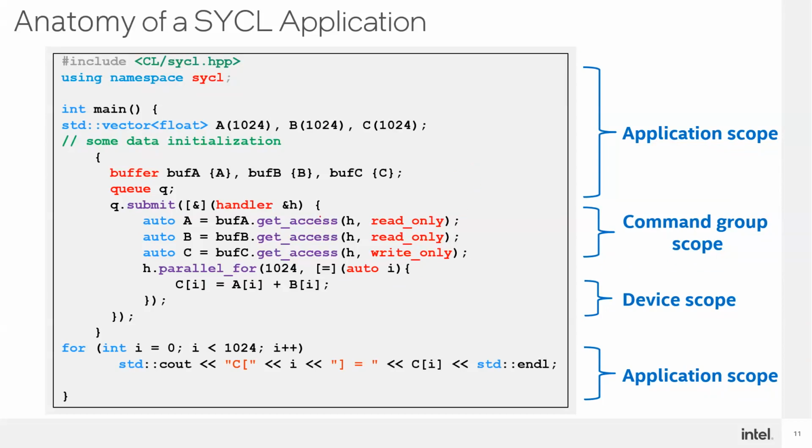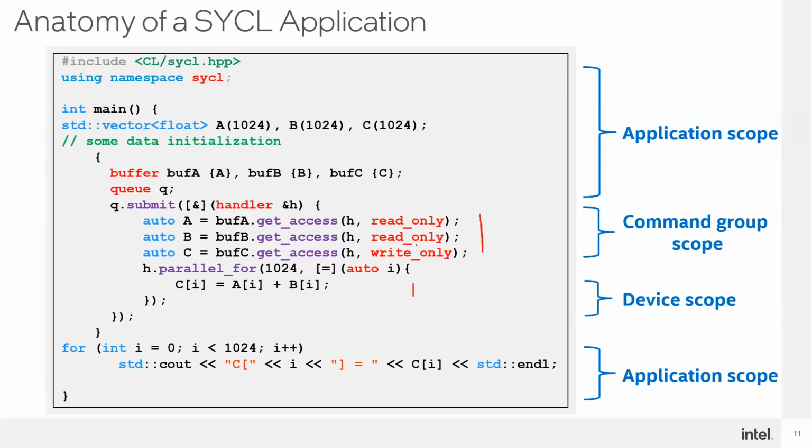It is the code which resides between the submit operation and the parallel for invocation, and command group scope is usually used in SYCL to define accessors. We will talk about it a bit later. Just keep in mind that the command group scope is this part and the device scope is this part. So it's the code in this lambda which we are passing right here.